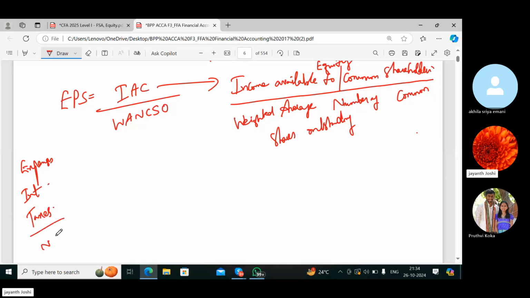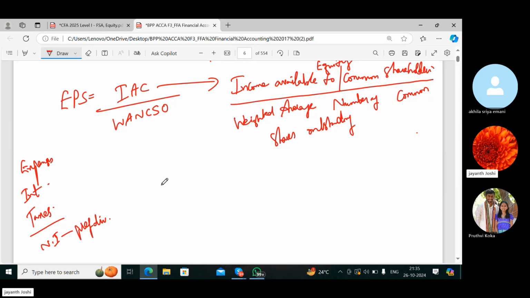Then finally the company will earn net income, but this is not the final thing. Then again, preference dividends have to be deducted. After deducting preference dividends, you get income available to common shareholders. In this we are supposed to discuss two things.